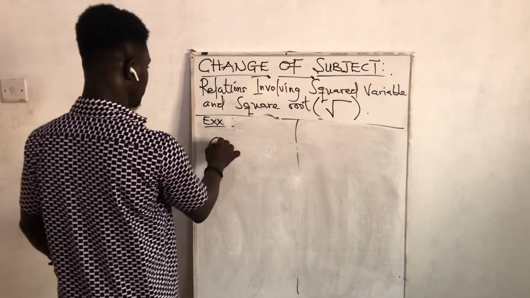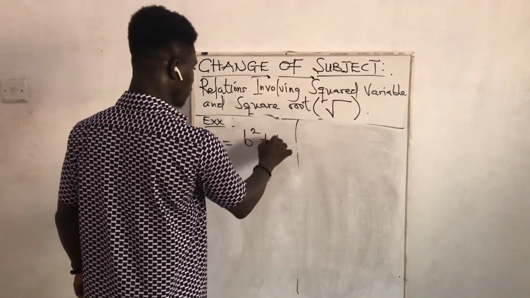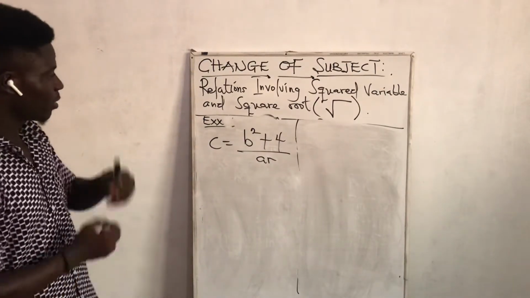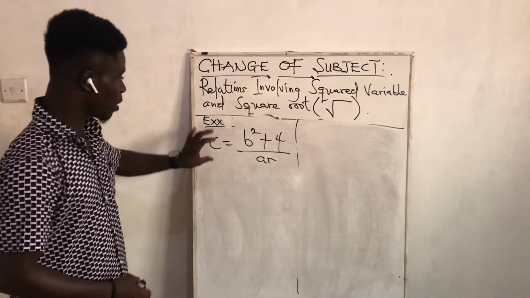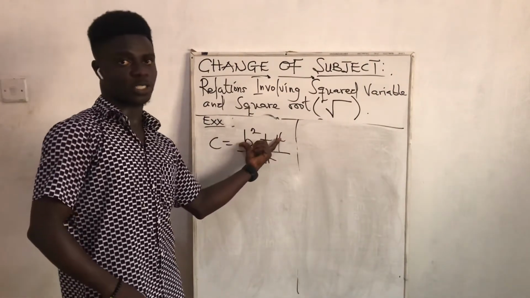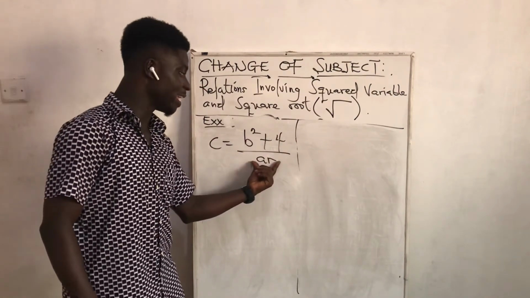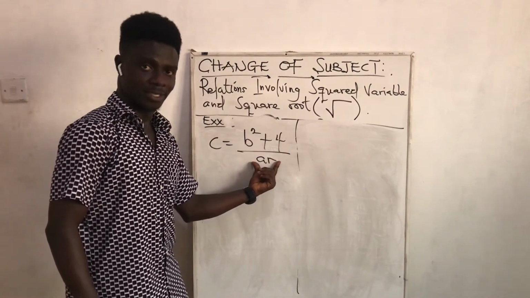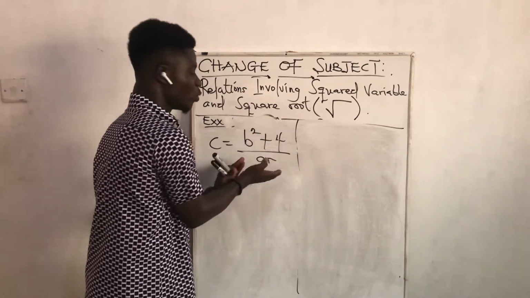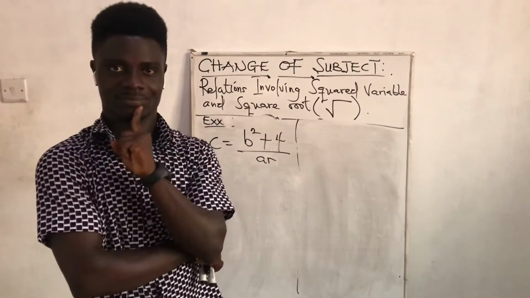Alright, so let's see. C equals b squared plus 4 all on ar. Now here we have one term, because b squared plus 4 is an expression at the numerator, and ar is the divisor for this b squared and also 4. So they are together as one.